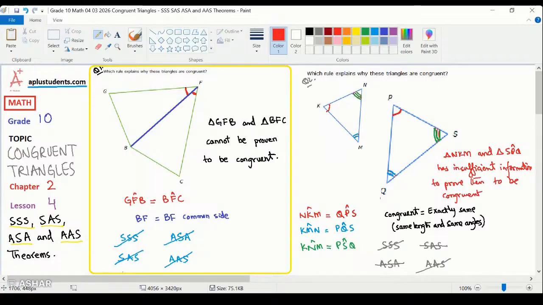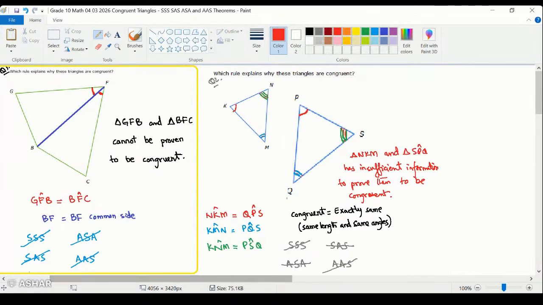So what we learned over here is that in order to prove any two triangles to be congruent, at least one of the sides has to be given to us. Okay? We did not have any side given to us.